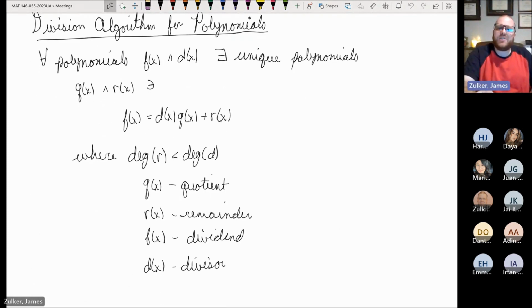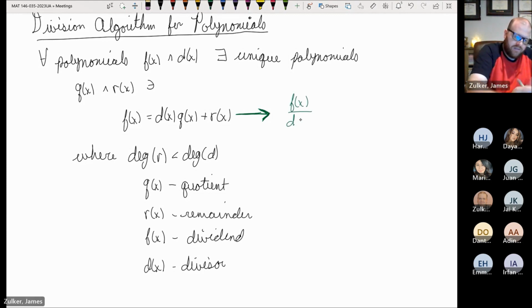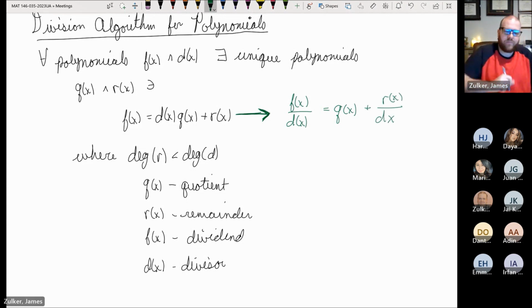So if we re-examine the division algorithm, divide that entire equation by d of x, we get another way of writing the division algorithm. Right?